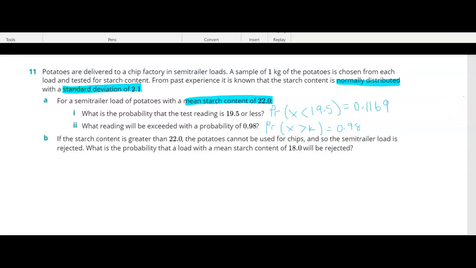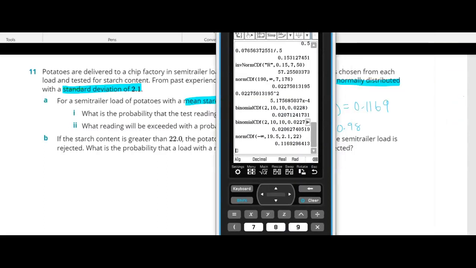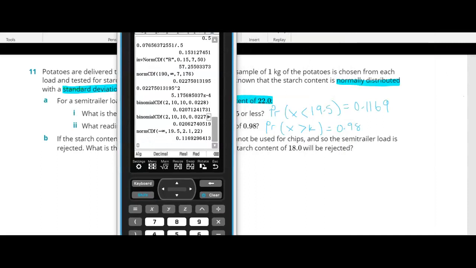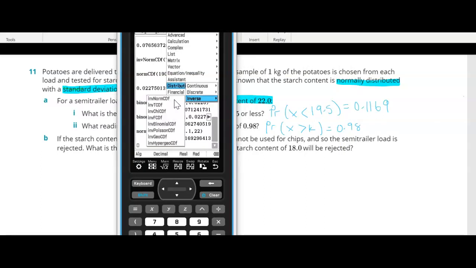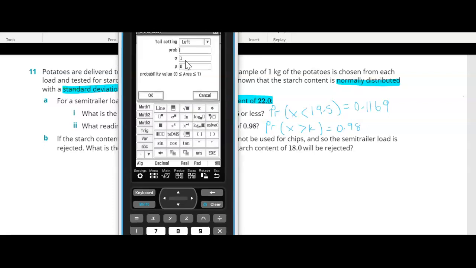All right, and then for part 2, inverse normal. All right, so the tail setting, we do want it to the right. The probability is 0.98.